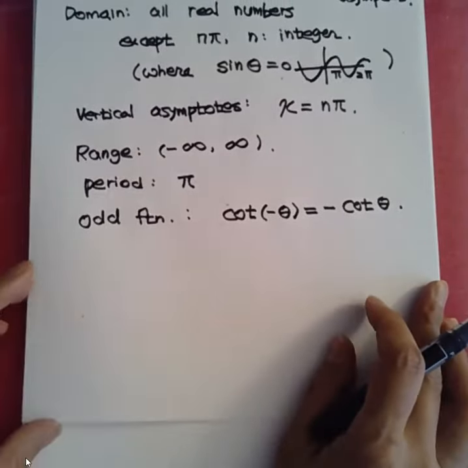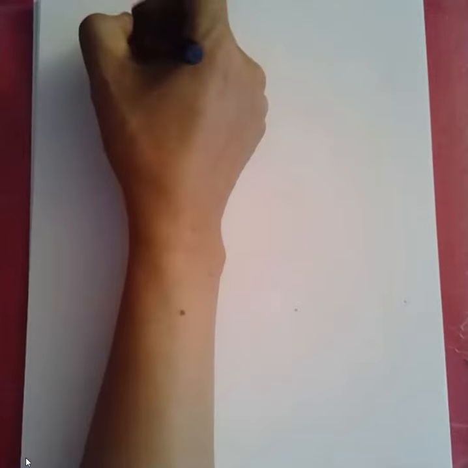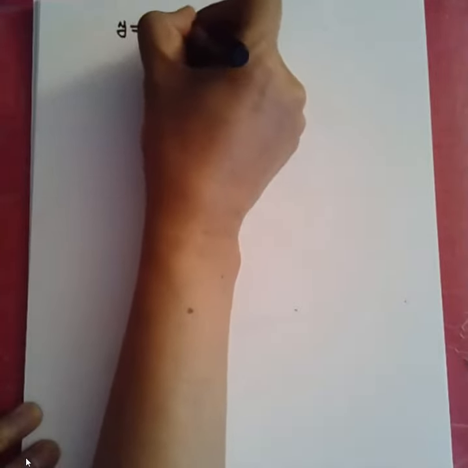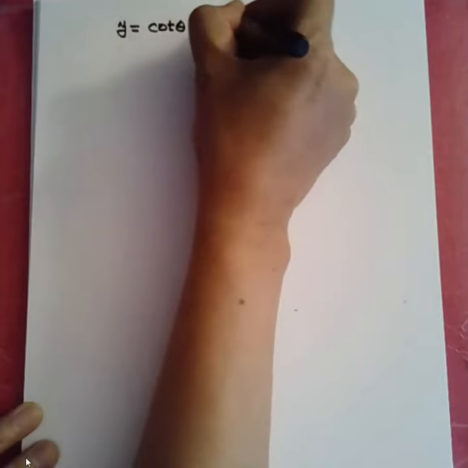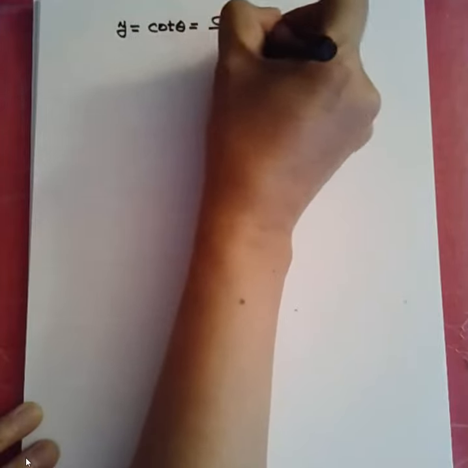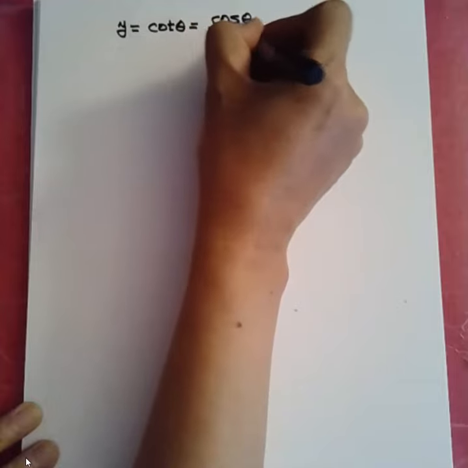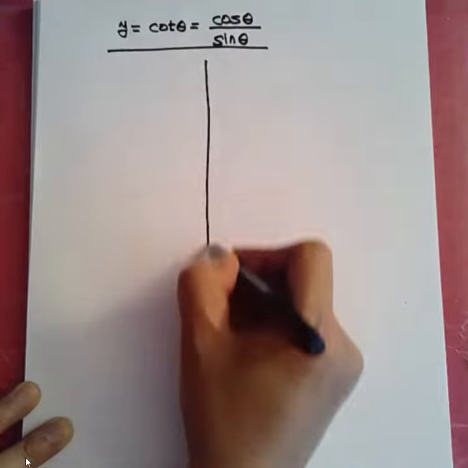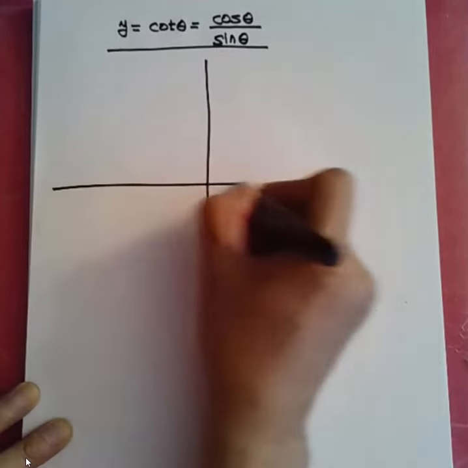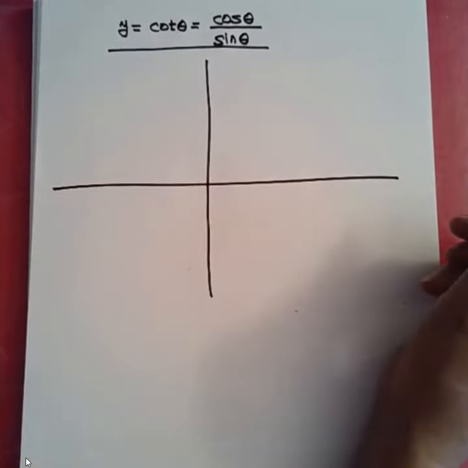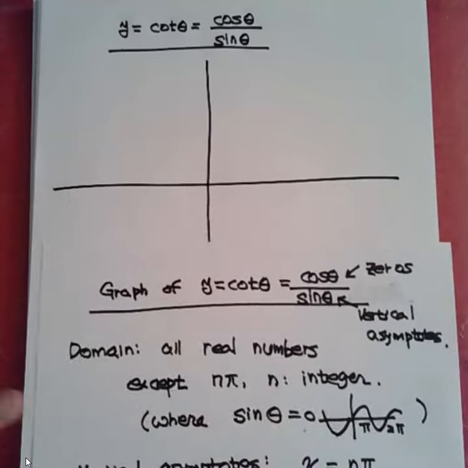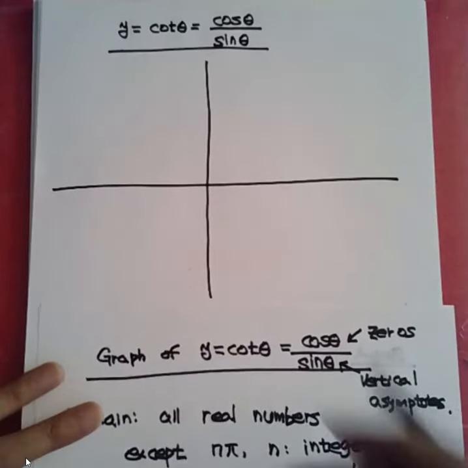Let's draw the graph of cotangent. This time, n times pi will be vertical asymptote.